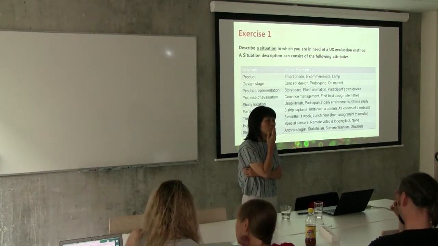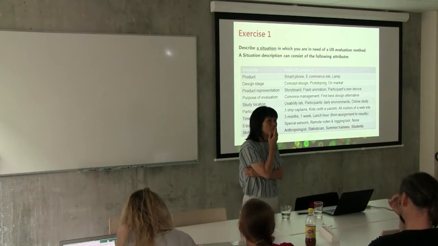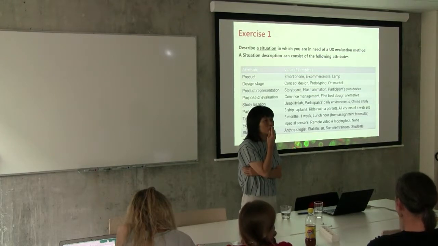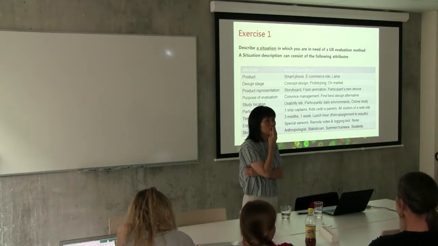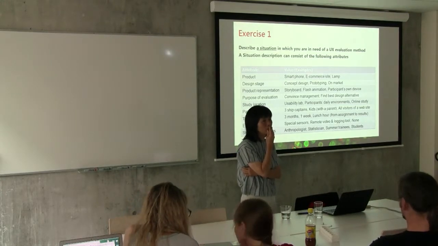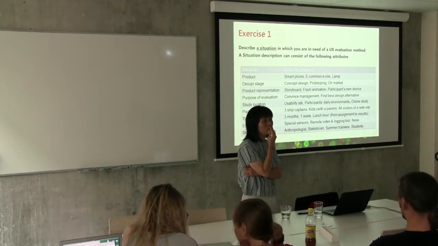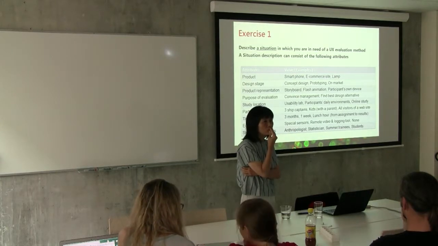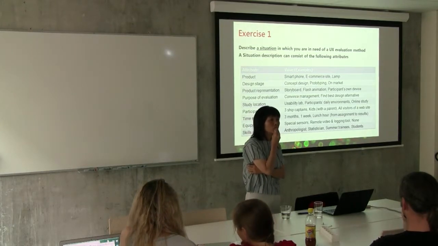And study location probably would be participants' daily locations where they use that. And then participants, we identified 3 groups, which could be the existing Foursquare users, then the new Swarm app users, and then those users who use both apps, because one function was removed from Foursquare to move into Swarm.